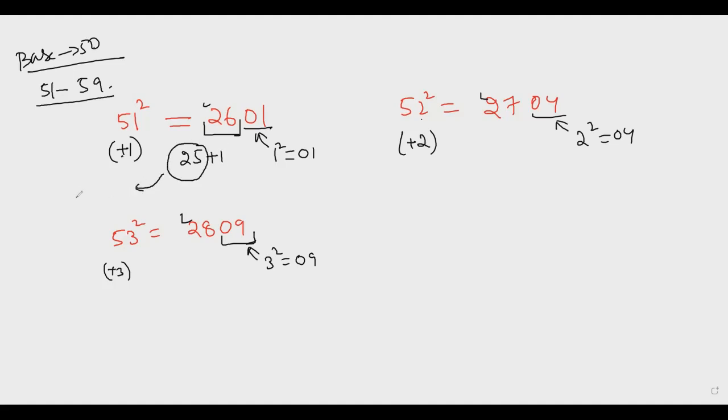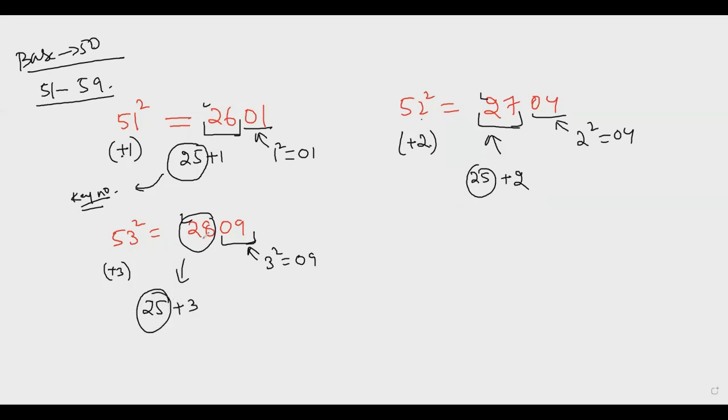This will always be there. Similarly, if you want to find 27, it has the key number 25 plus this extra amount. Here also, 28 is nothing but 25 plus 3. So this is how you have to find the square of a number from 51 to 59.